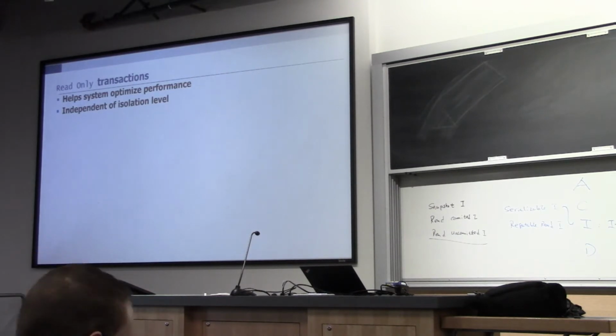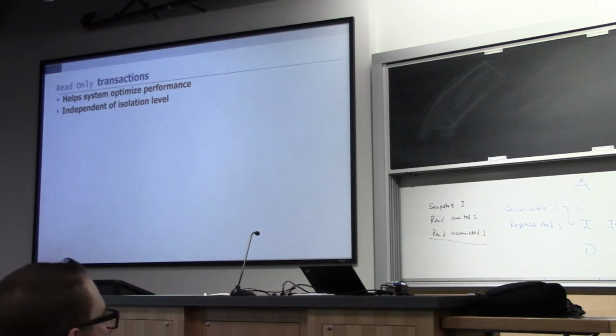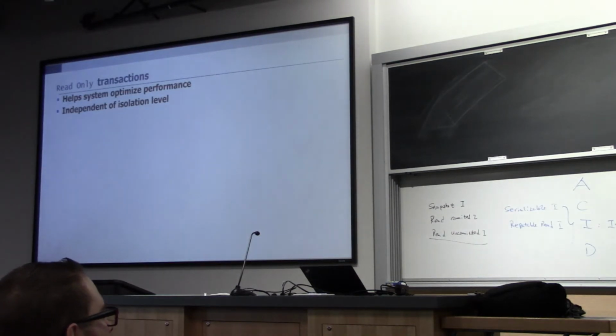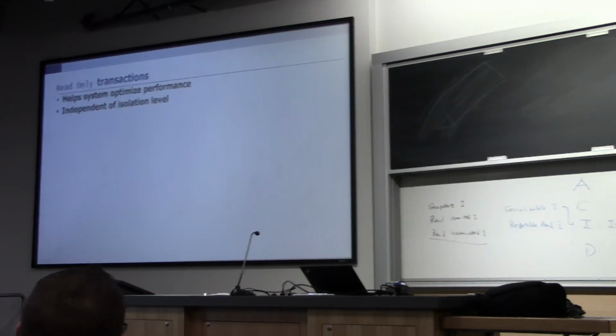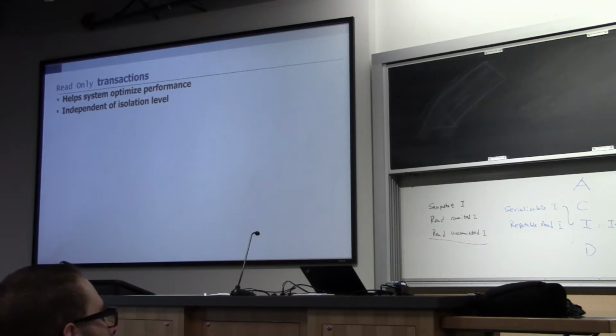Then you don't have to worry about different isolation levels at all. Why? Because there's going to be no conflict whatsoever. A read will never conflict with another read by another transaction, because you're not changing the values of what you're reading. So read-only transactions are friends of the database engine. The more read-only transactions you have, the easier it is for the database transaction engine.